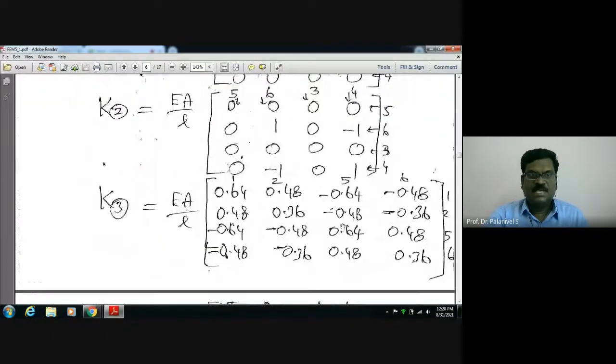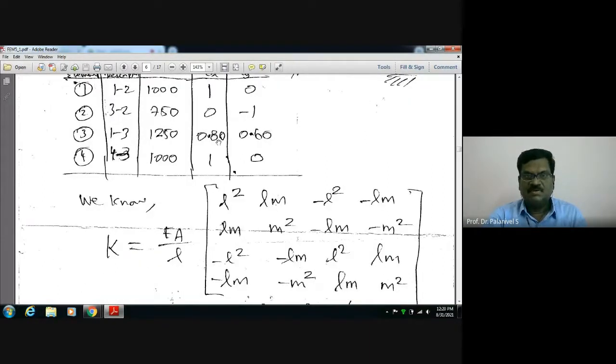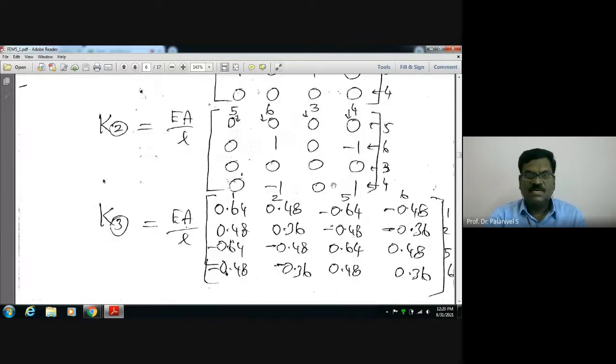K3 I am writing as AE by L into the matrix for the third element, where 0.8 and 0.6 are the direction cosines L and M. Substitute the L value as 0.8 and the M value as 0.6, and you will get this matrix. Under it you have to write the degrees of freedom.